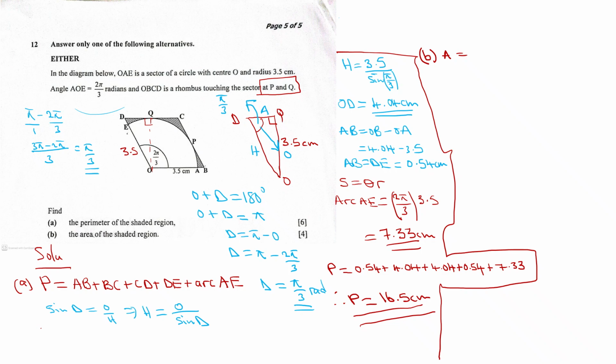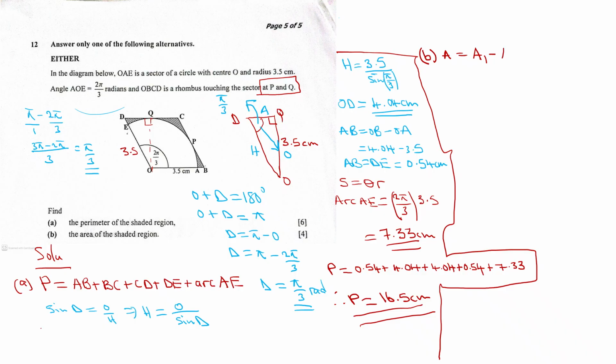So the shaded region is inside the rhombus. But then inside the rhombus there's a sector, and that's the unshaded part. So the area of the shaded part will be the area, we are going to call it area 1, that is area of the whole rhombus, minus what is not shaded inside that rhombus, which is the sector.